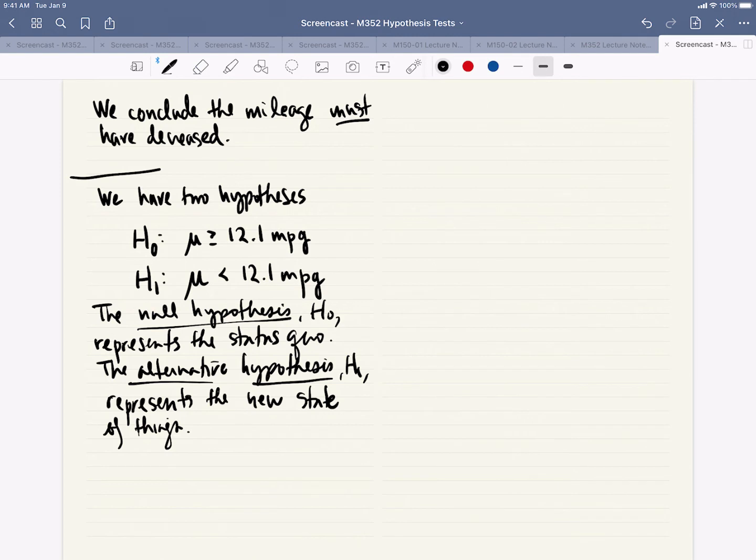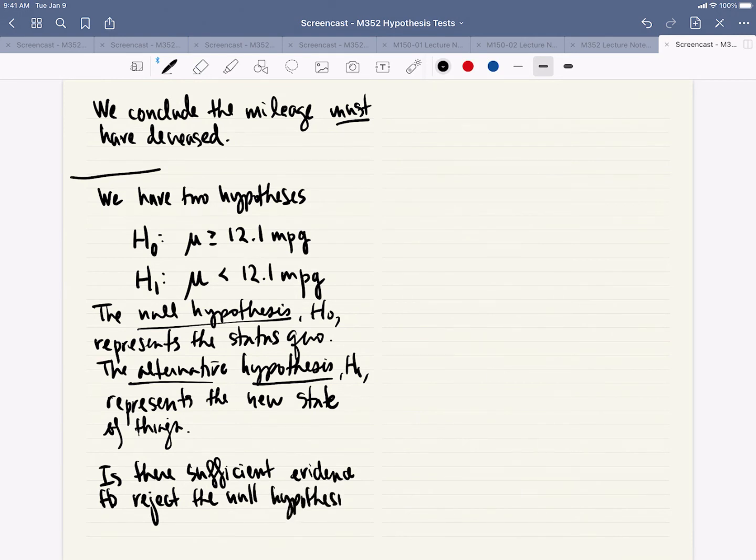And what we're doing is we're looking for evidence to reject the null hypothesis. That's the technical language that we use. Is there sufficient evidence to reject the null hypothesis?